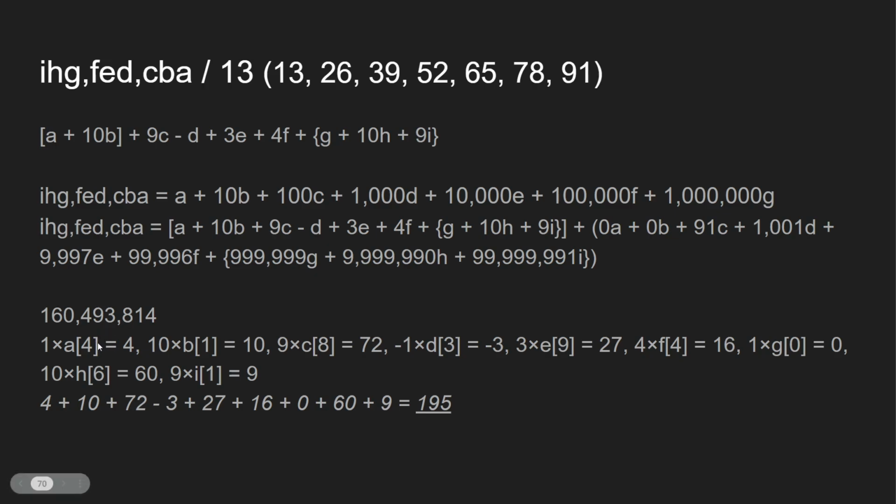And here's an example. 60,493,814. So we're going to add 4, add 10, add 72, subtract 3, add 27, add 16, add 0, add 6, add 60, add 9, and look at that, that gives us 195. And if you don't know that 195 is divisible by 13, again, you can continue the method here.